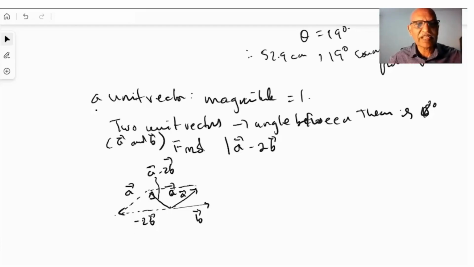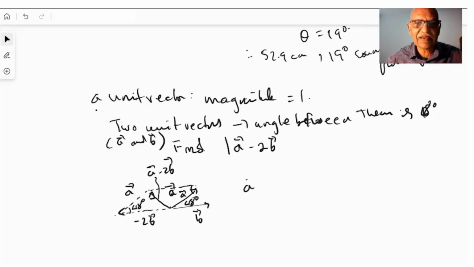The magnitude of that. To do this, we use 48 degrees. We know that the two vectors are at 48 degrees. If this is 48 degrees, this angle is 48, therefore this angle will be 48 degrees. So I will use this angle to find the resultant of A minus 2B.